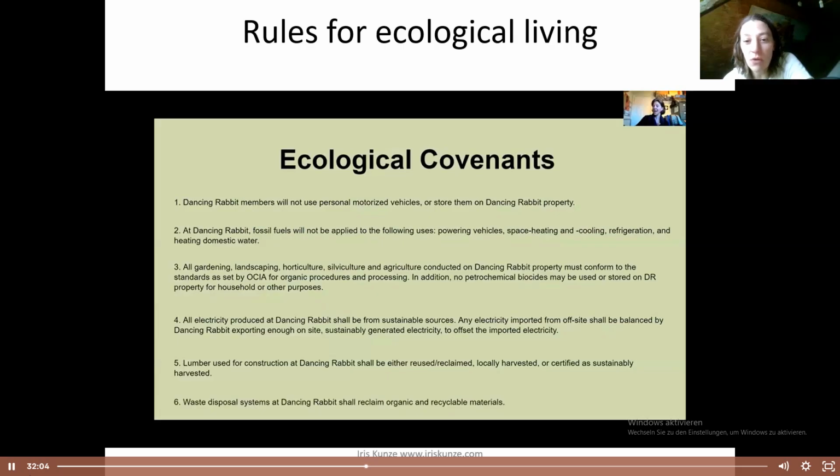They're using no biocides and chemical things in the entire area they have. Also in the private gardens, they agreed to not use anything. And they produce their own electricity from solar panels on the roofs, and have also the rule that imported electricity also needs to be generated in an ecological way.